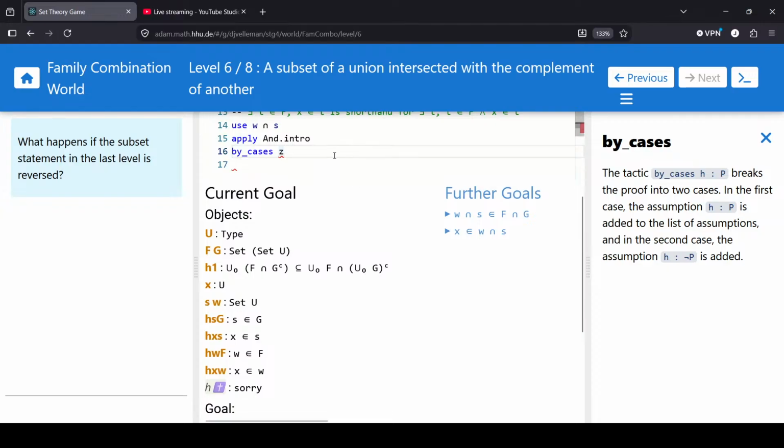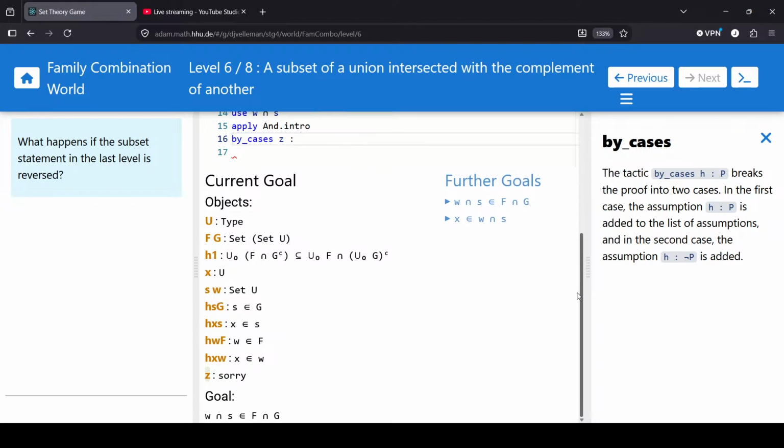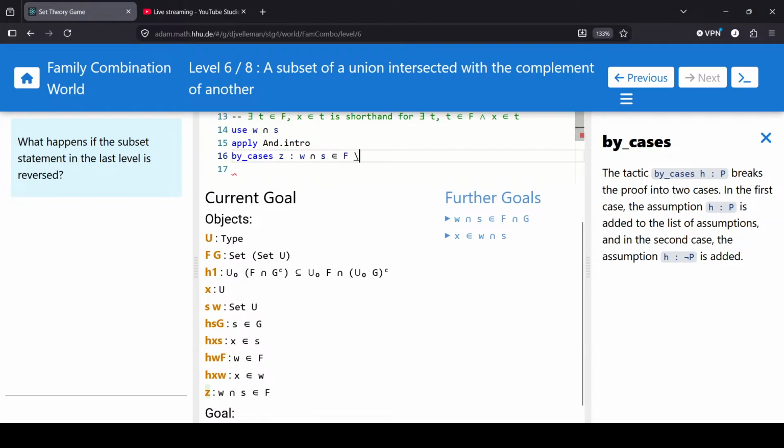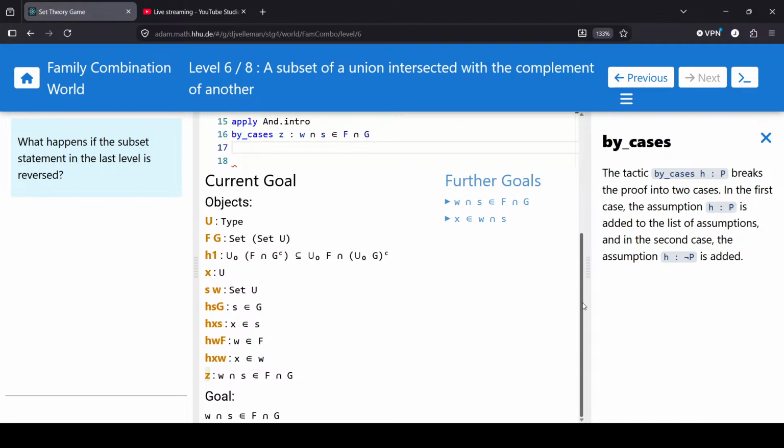Oh, but I need to annotate it, don't I? Wait, why did that not do that?